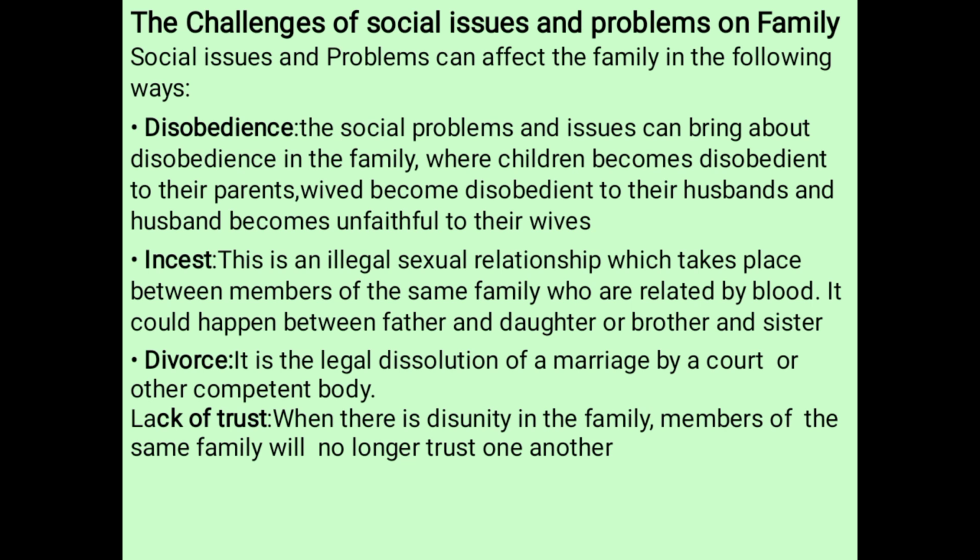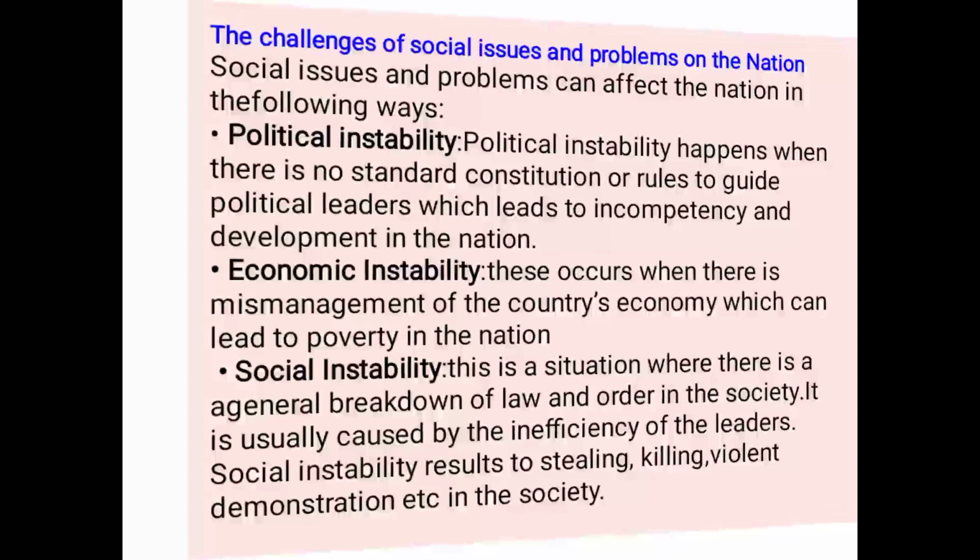Another challenge is divorce, which is the legal dissolution of the marriage by court or other competent bodies like the church. Lack of trust can come in, which is disunity in the family. Members of the same family will no longer trust one another.